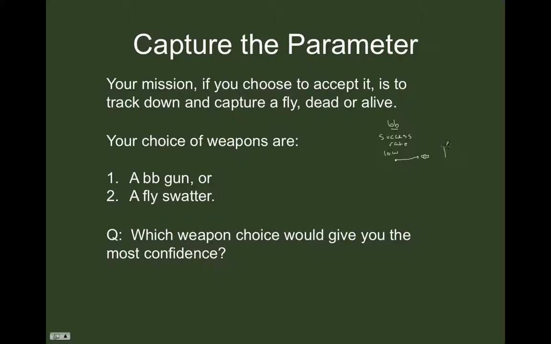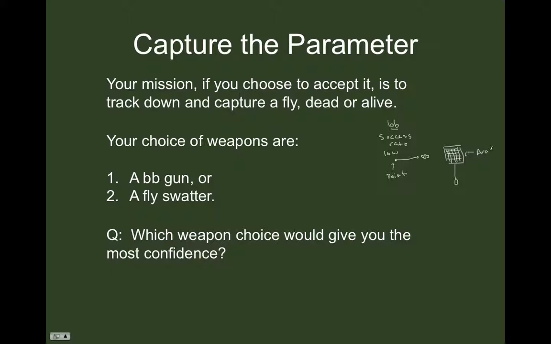On the other hand, the idea with the fly swatter that makes it probably for most people a better choice is that while the BB can be thought of as a point, the fly swatter really has area.